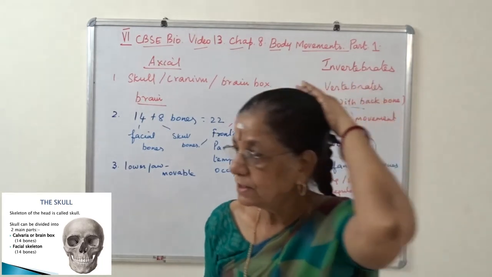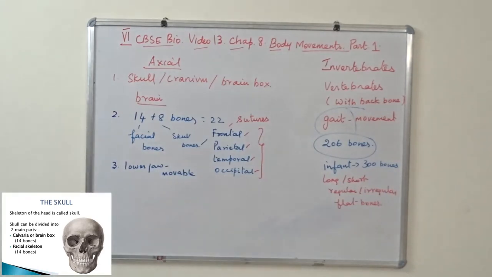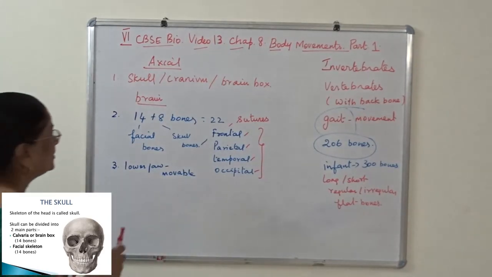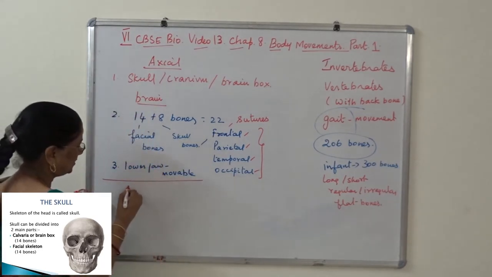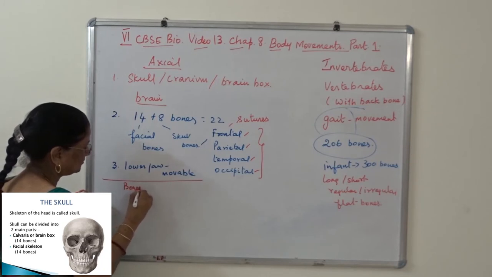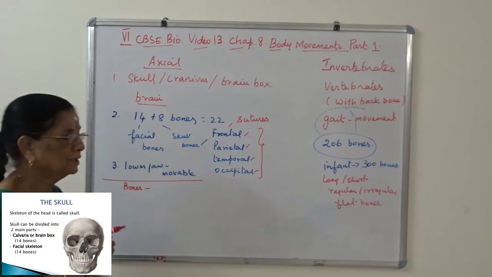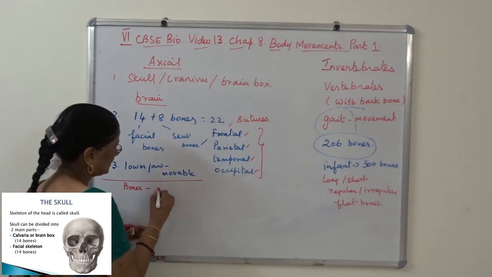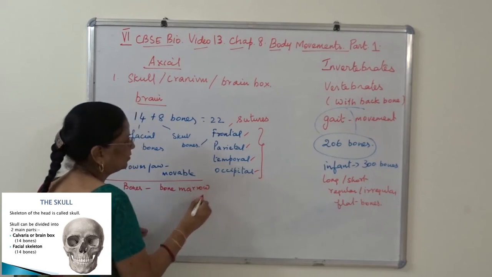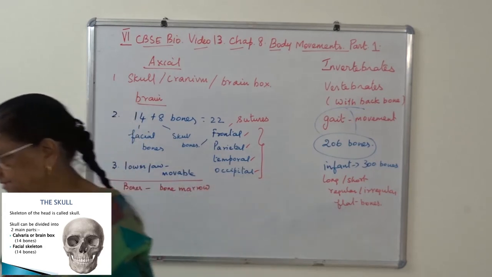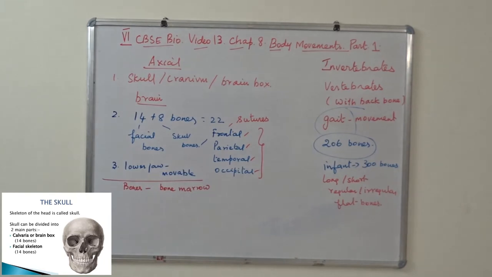Right? The next one is the rib cage. One more thing I have to say. We are talking about bones. Before I go to ribs, we say bones. Now this bone is a solid substance formed of bone marrow.